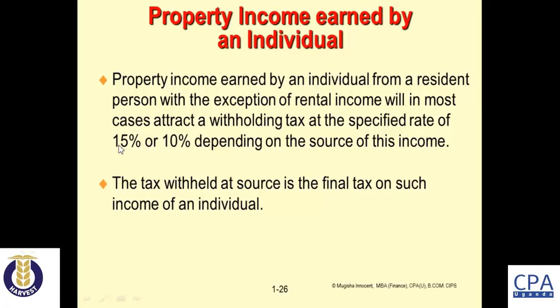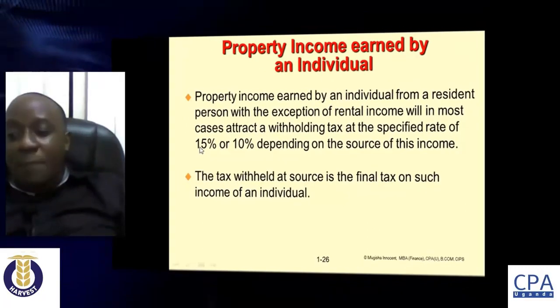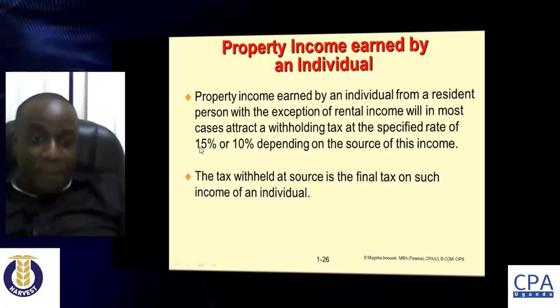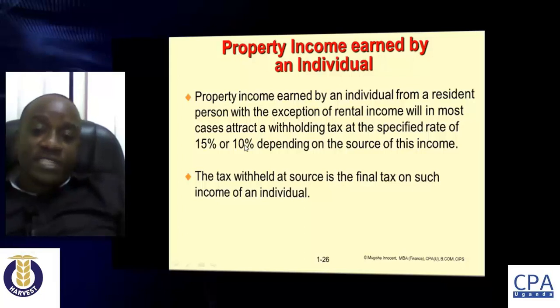Now, who pays at 15%? 15% ideally would be a company that is not quoted, a company that is not listed on the stock exchange. As we shall see in our next lecture, taxation of dividend income, withholding tax is paid at 10% if it is being paid by a company that is listed on the stock exchange. For example, DFCU Bank is listed, Uganda Clays is listed, Vision Group is listed.